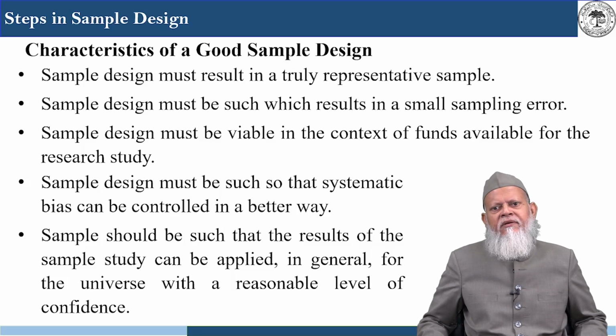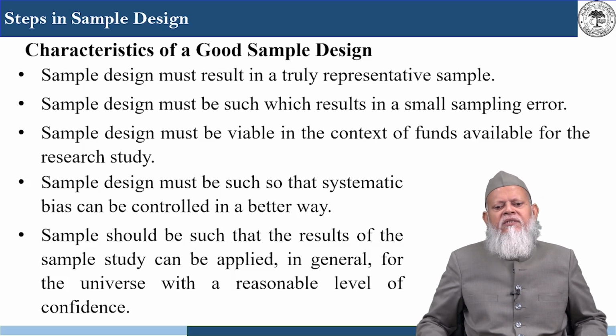We cannot say that in a sample there would not be error. We consider error to be 1%, 2%, 5%. So the sampling error should be very small, say 1%. Again, the sample design must be viable in the context of funds available for the research study that we have already discussed.